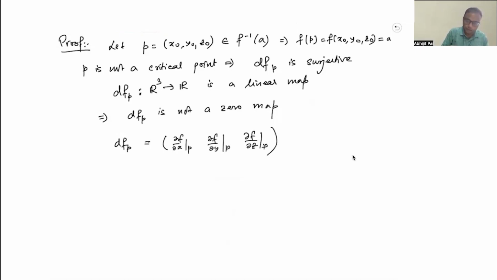So this map, at the point P, is not a zero map.